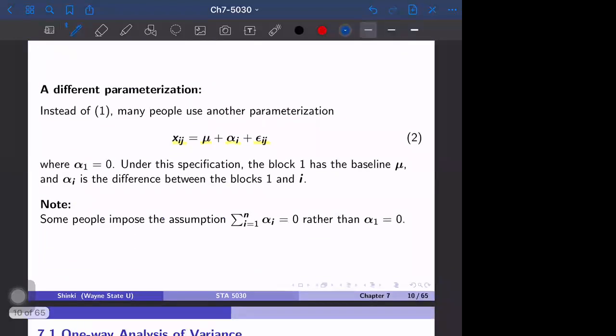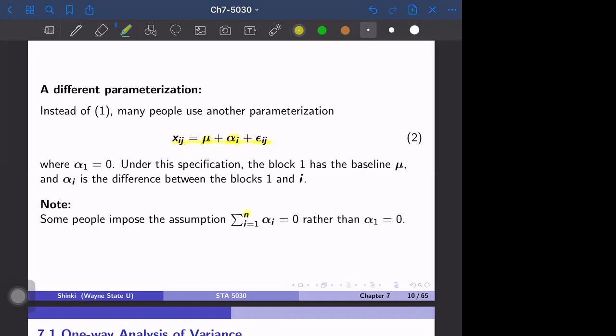So another representation is here: x_ij is equal to mu plus alpha_i plus epsilon_ij. But if we have mu and we use alpha 1 to alpha n for n groups of the factor, then we have some redundancy.